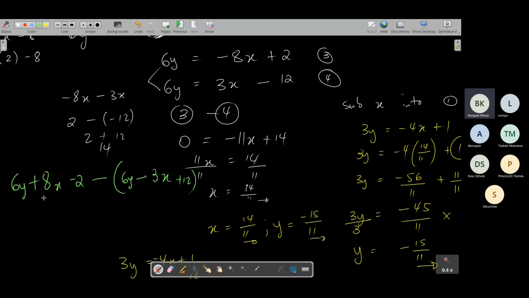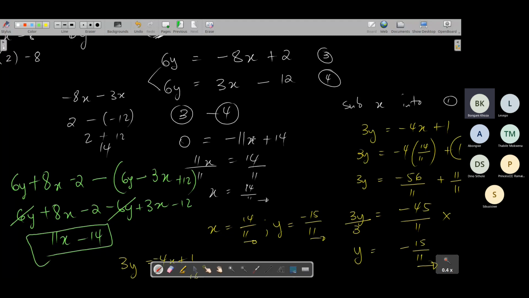Let's try it like this. So we're gonna have 6y plus 8x minus 2 minus 6y plus 3x minus 12. Let's see. So this one and that one will go out. Left with 11x minus 14. So this part is what we have here, after moving something to the other side.